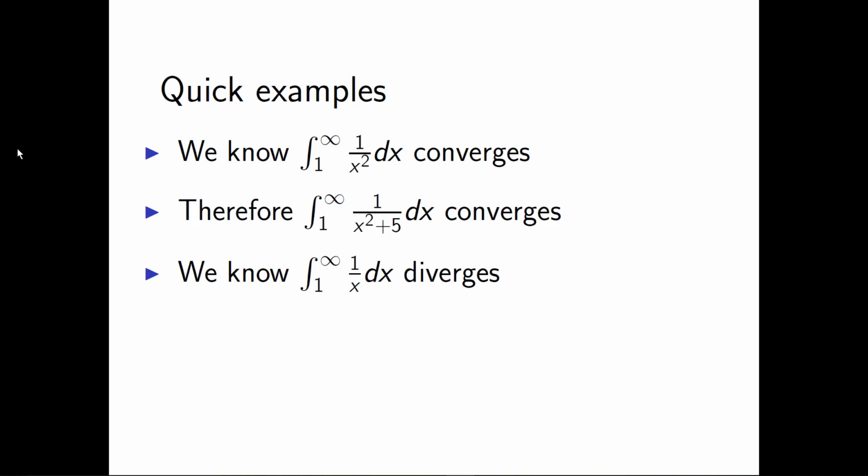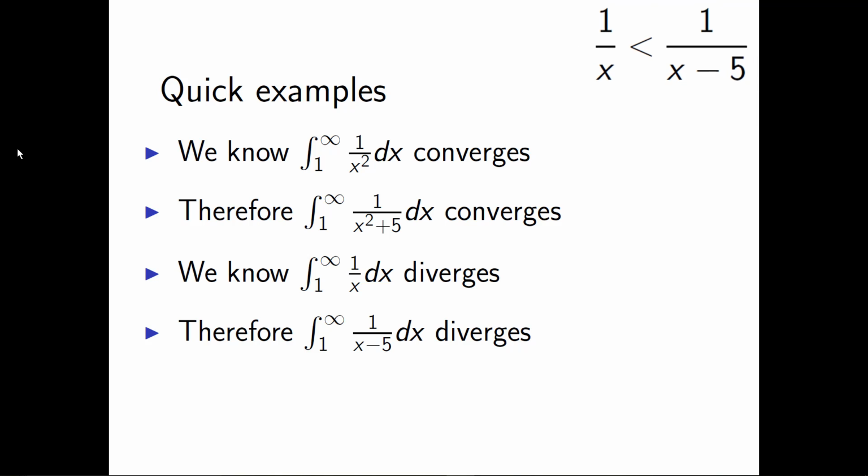And if we flip it, we know that 1 over x diverges, and 1 over x minus 5 is greater than 1 over x. So greater than something that diverges must also diverge. Those are just a couple of very quick, simple examples. Obviously, we can look at more complicated functions, but these examples involved pretty simple functions. But that's all the theory we have for today.